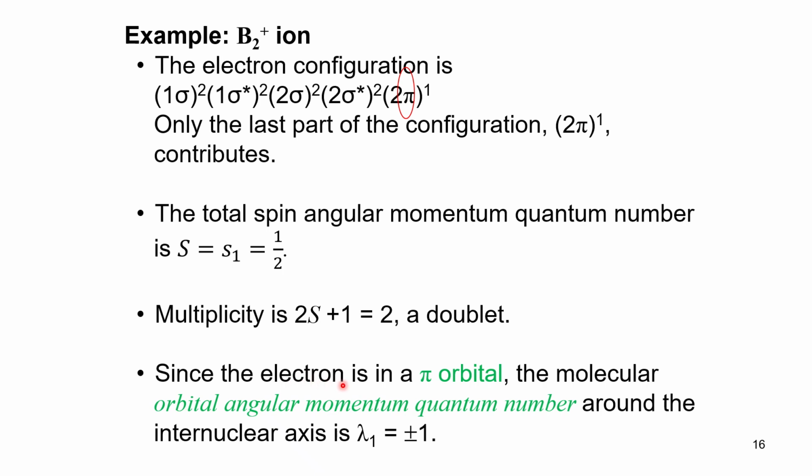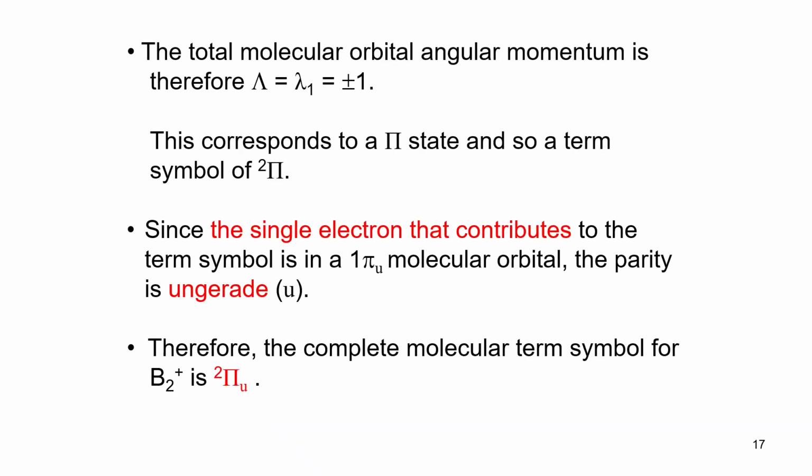And since the electron is in the pi molecular orbital, the orbital angular momentum quantum number around the internuclear axis is either plus 1 or minus 1. The total molecular orbital angular momentum is therefore lambda equals plus 1 or minus 1, and this corresponds to the pi state. So we have a term of doublet pi.